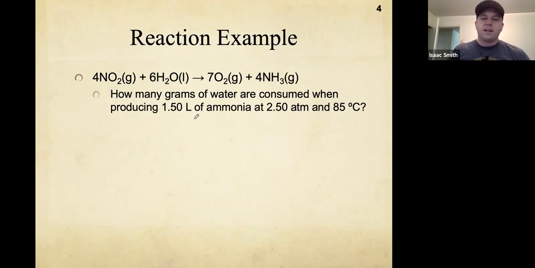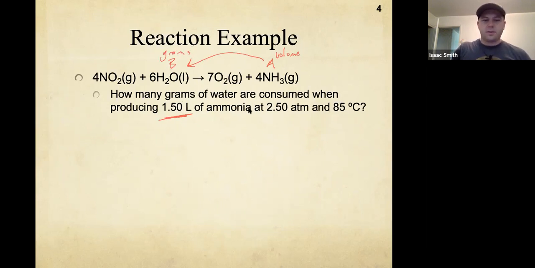So we have a volume of gas, ammonia is a gas, so this is going to be our A. This is the information we have. Even though we're moving backwards, it's still considered A because that's what we're starting with, and then water is going to be our B. So we're going from volume of A, our volume is 1.3 liters, over to grams of B, grams of water.